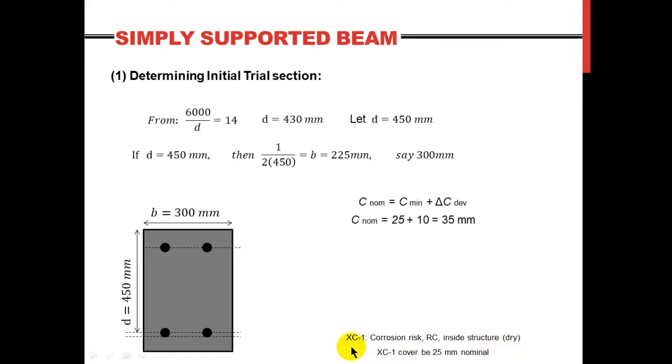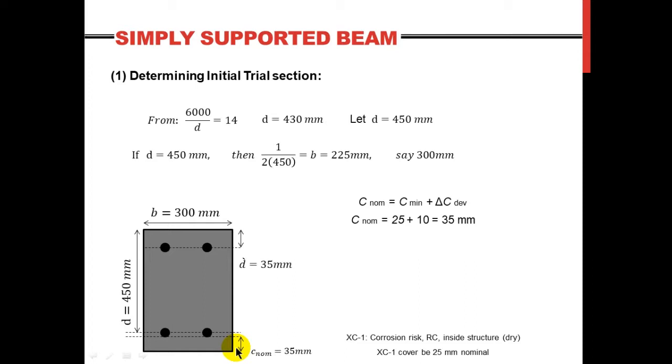And if you check it from a table given by the Eurocode, you'll see that for exposure class 1, the minimum cover has to be 25. So this is just the minimum cover, not the nominal. And the nominal, you just add them up, right? So 25 plus 10 gives you 35 millimeter. So 35 is going to be my nominal cover to the reinforcement.